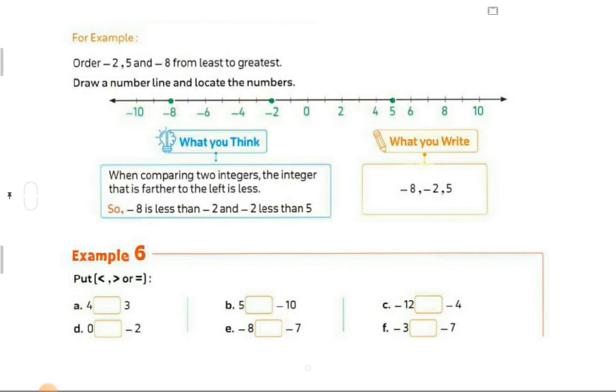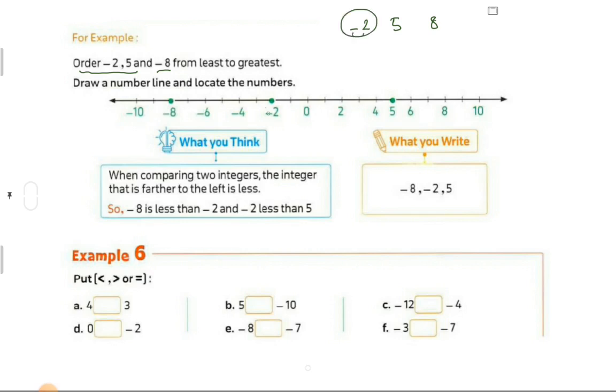Another example. Order negative 2, 5 and negative 8. You have three numbers. You may draw a number line like that. See where negative 2 is.